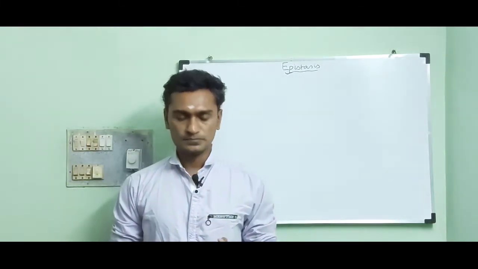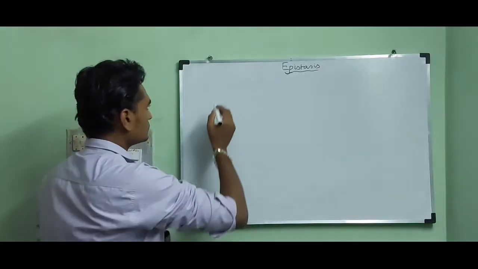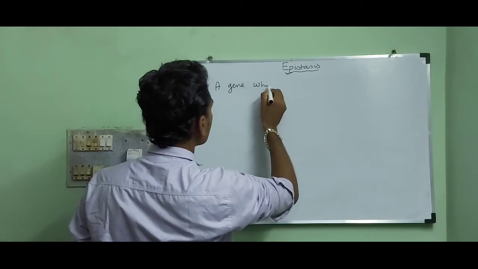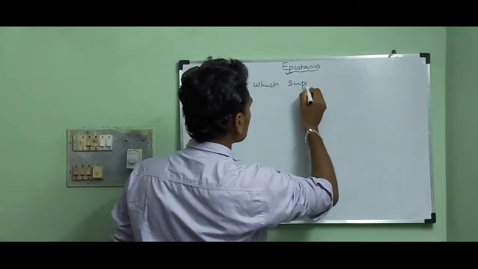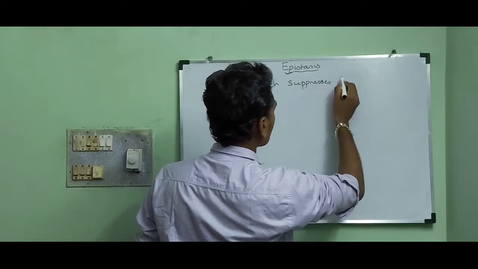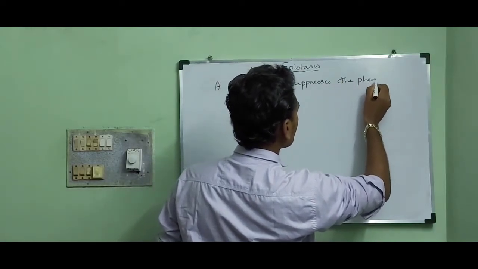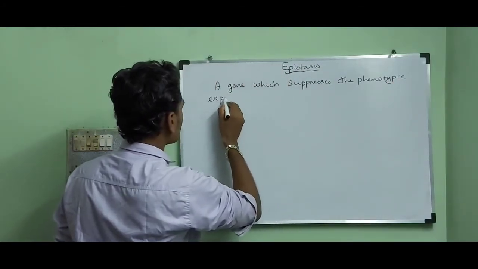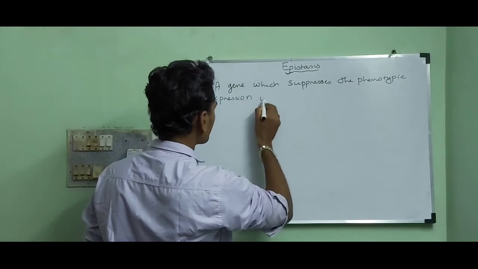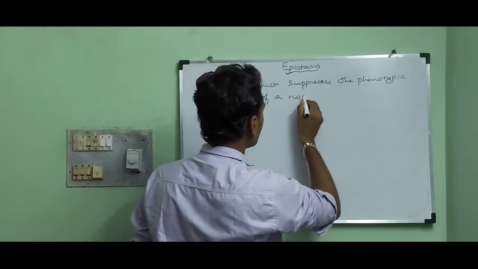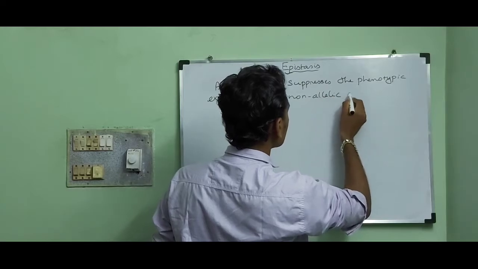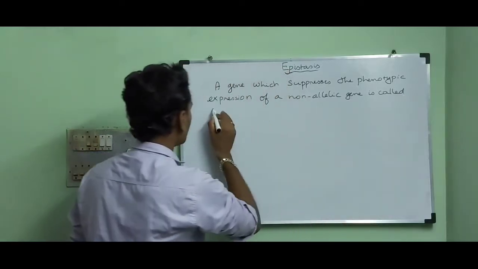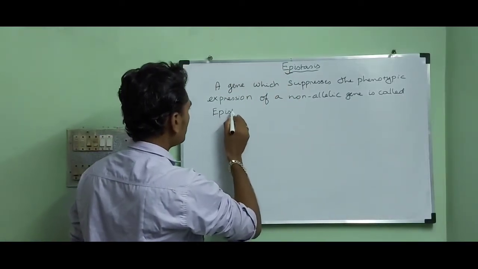A gene which suppresses the phenotypic expression of a non-allelic gene is called epistasis.